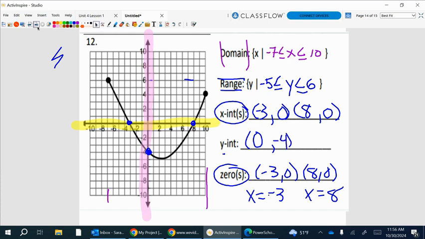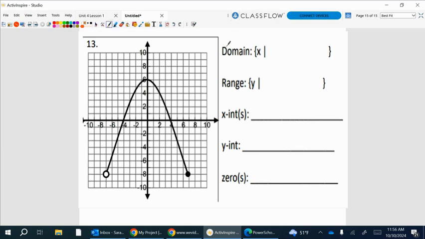Right, I think we have one more. Here is our last one. Domain is the walls. I come from the left. Here is my smallest domain value. That is an open circle at negative 7. I come from the right, I apologize.